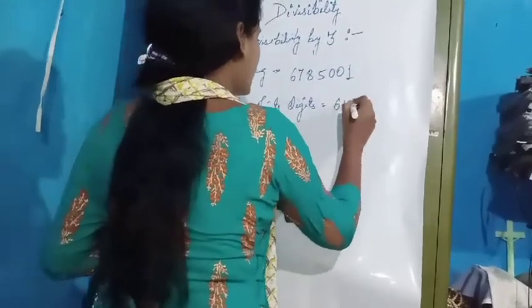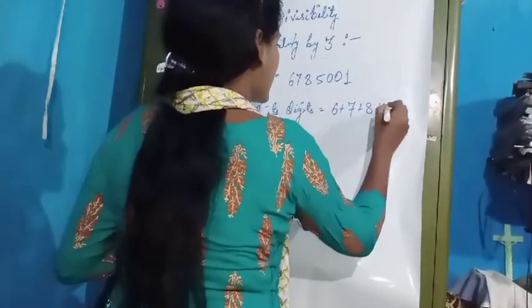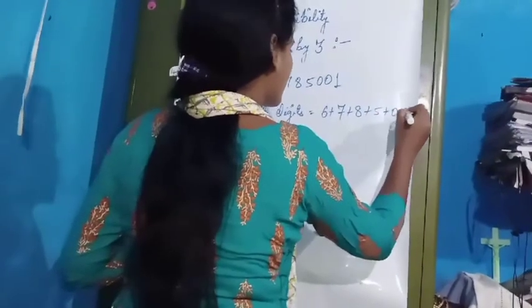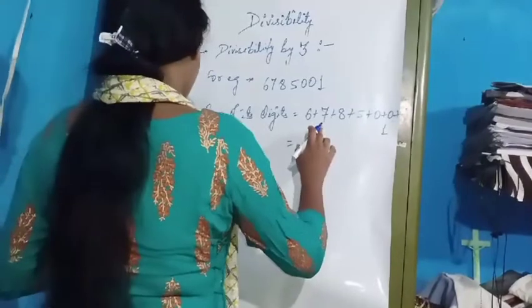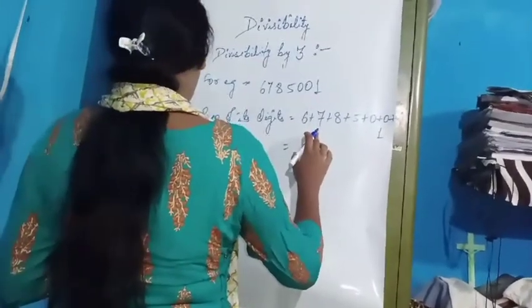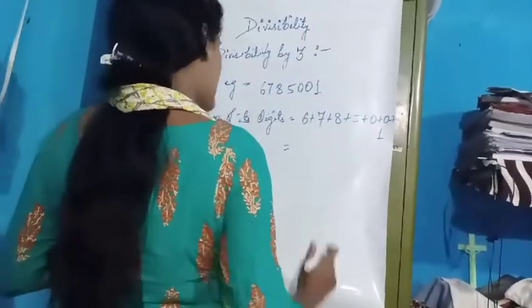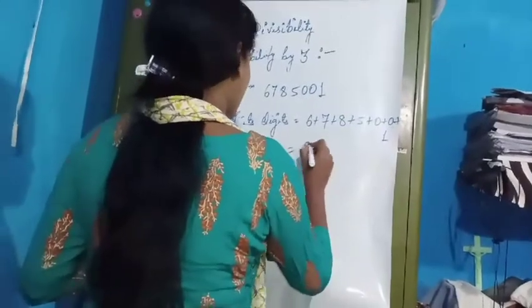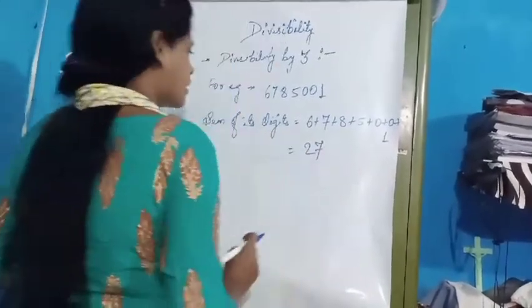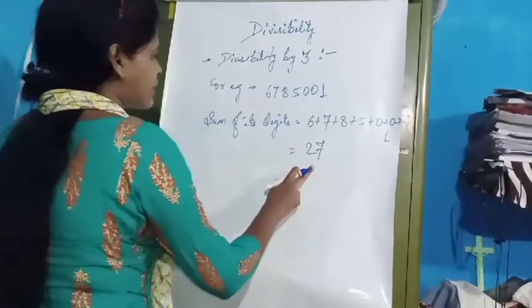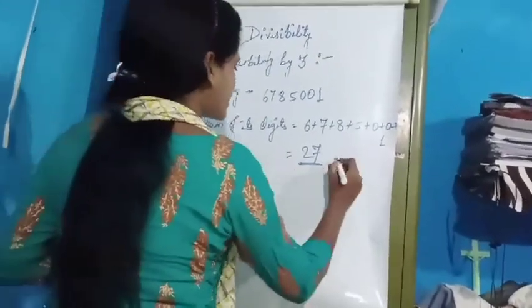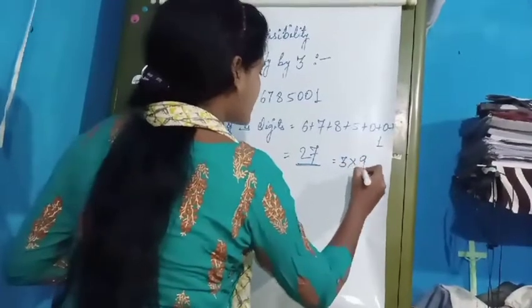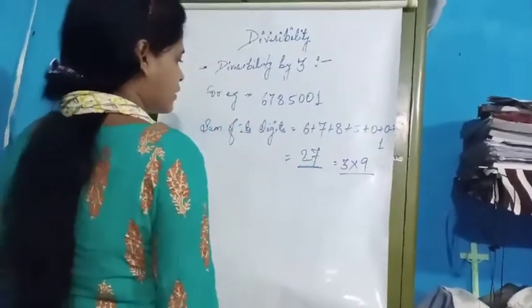So if you add 6 plus 7 plus 8 plus 5 plus 0 plus 0 plus 1, what will you get? You will get 27, right? Now you tell me, what is 27 a multiple of? You can say that 3 nines are 27.